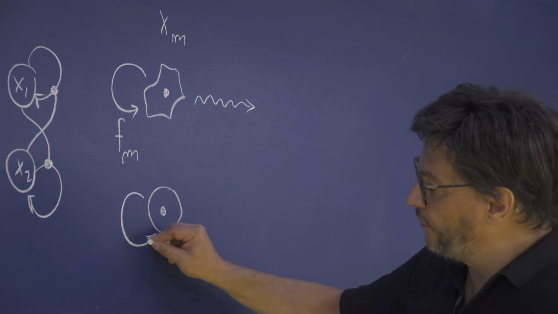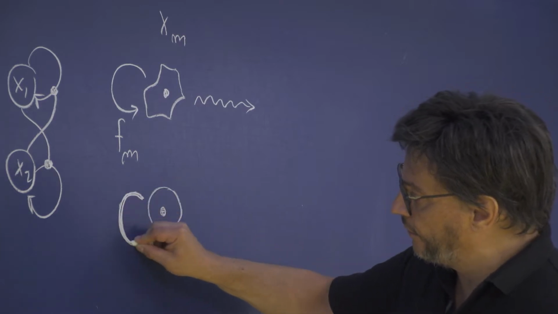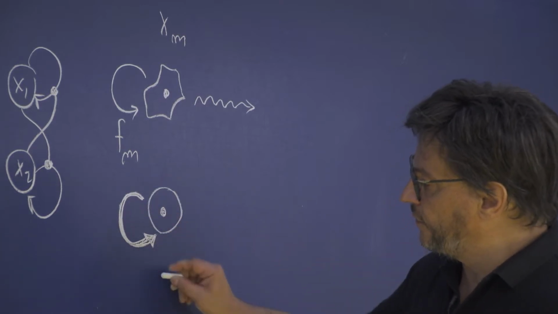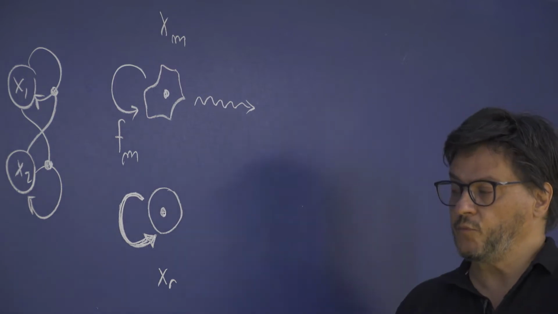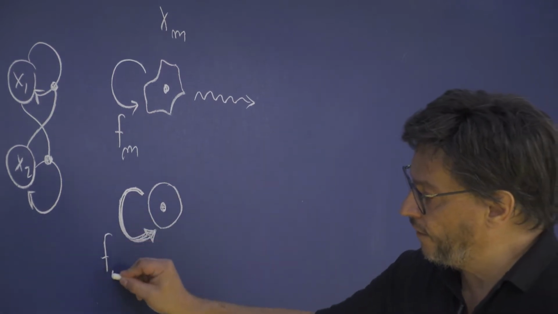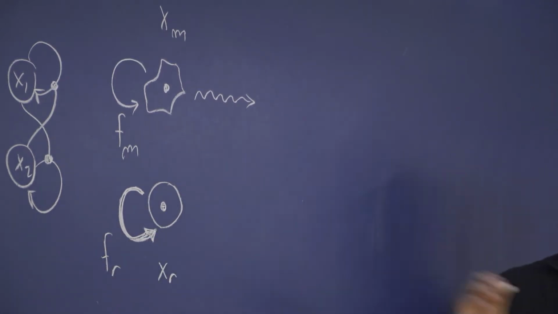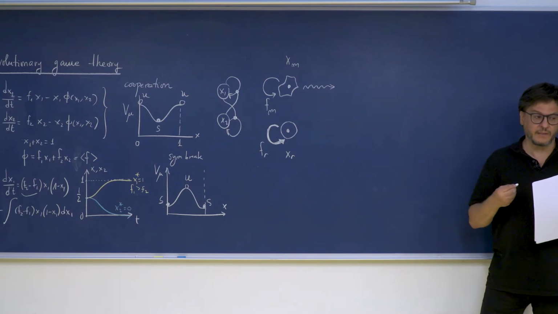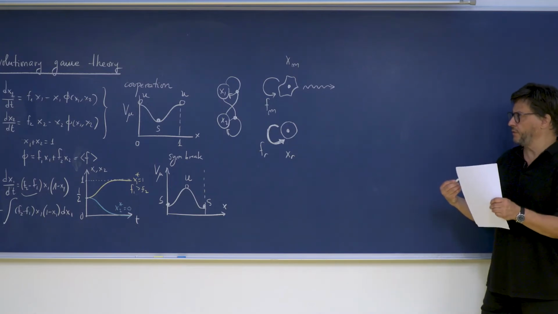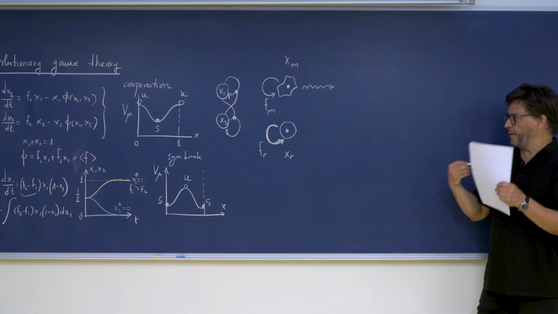I'm going to write this down here with a thicker line. This is the XR compartment, replicating cells, FR.